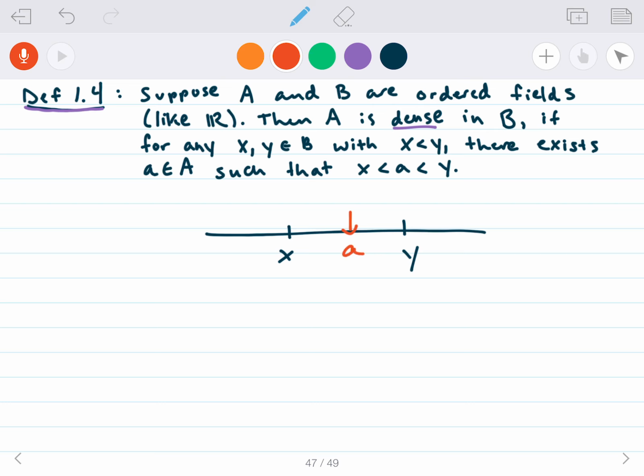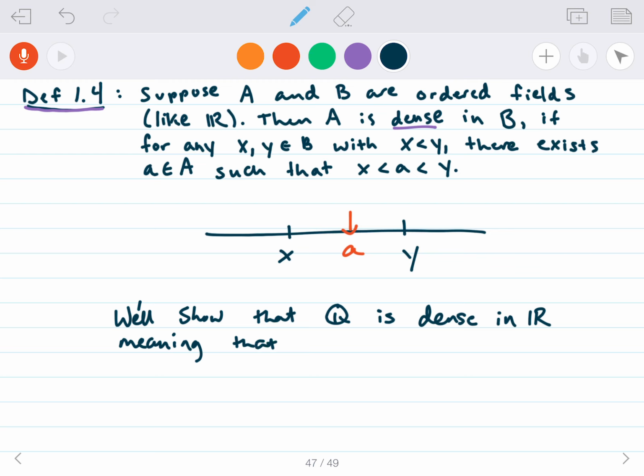And so what we're going to show is that Q is dense in R, meaning that between every two real numbers, no matter how close together they are, there is a rational number.